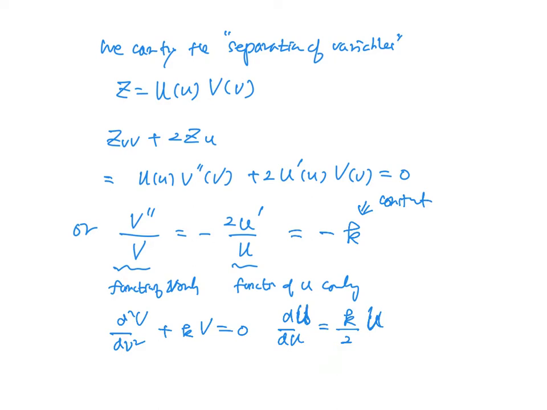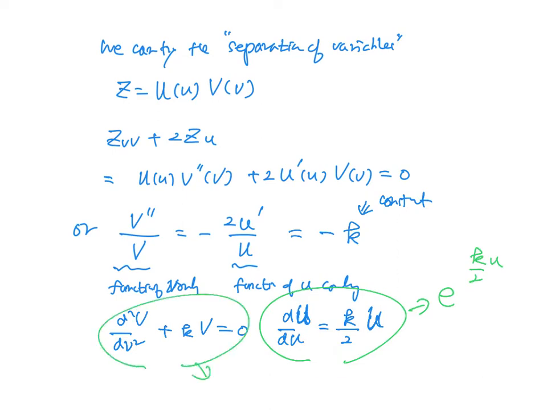So this solution will be something like exponential twice of ku, right? This solution will be sine and cosine. So v will be some function of sine root kv, cosine root kv. So general solution will be something like this.